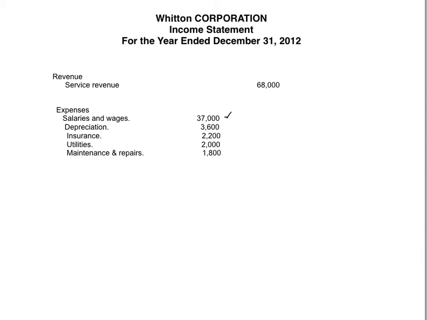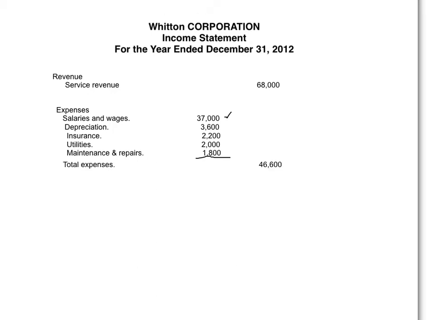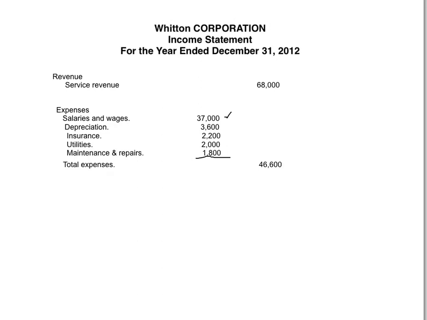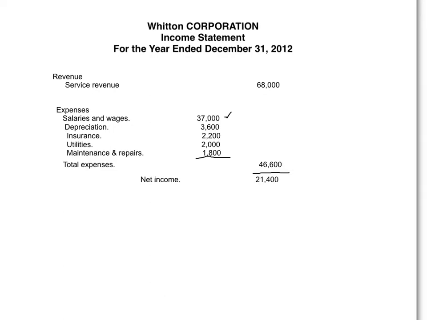Now notice, because I'm going to add all of these, I put them in an inside column, and I simply draw a line, and then we're going to have total expenses. Total expenses, $46,600. And then I draw another line, and I have my net income, $21,400. And I then double underline that.